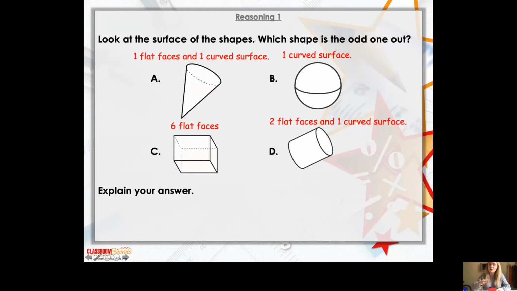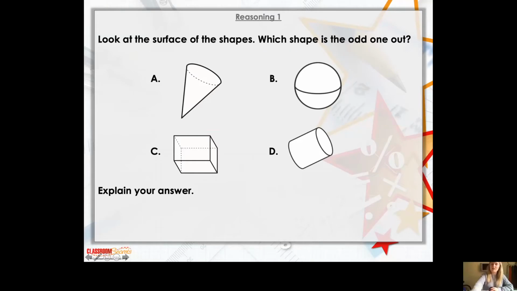All of the other shapes have a curved surface, so the cuboid is the only shape that only has flat faces without any curved surfaces. So well done if you spotted one shape that could be the odd one out, but fantastic if you spotted both of those.